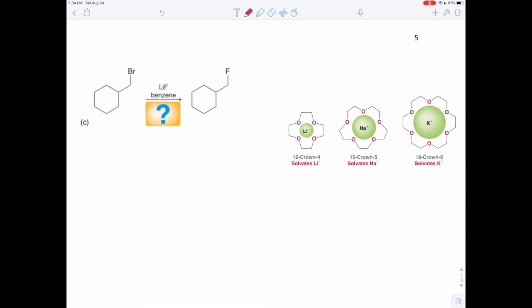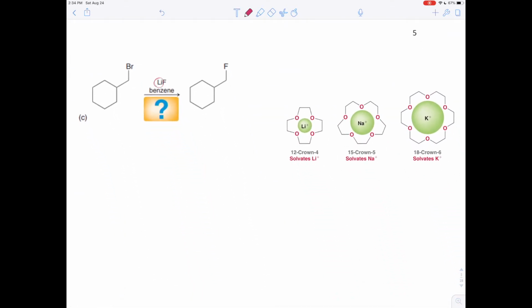For C, the cation that's stuck to the fluorine, the one we need to peel off, is lithium. The crown ether that can attract it away is 12-crown-4, because that's the perfect size for lithium to fit inside of, and so that would steal it away. You'd have the fluorine ion all by itself, and then that could do the substitution reaction.